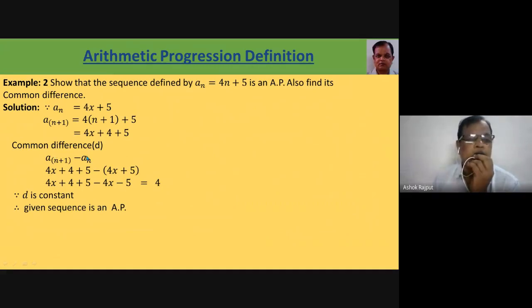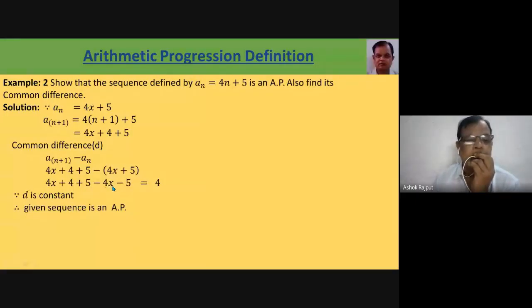Now we want to find the common difference as a(n+1) minus an, which is (4n plus 4 plus 5) minus (4n plus 5). When we break the bracket, we change the sign: 4n plus 4 plus 5 minus 4n minus 5. 4n cancels, 5 cancels, and only 4 remains. 4 is constant, so we can write d is constant.